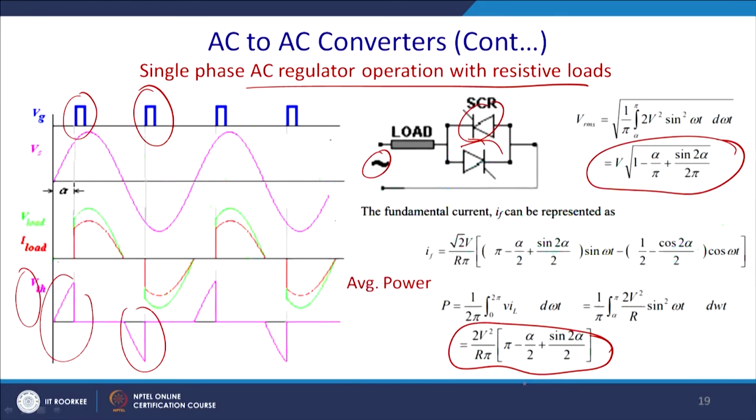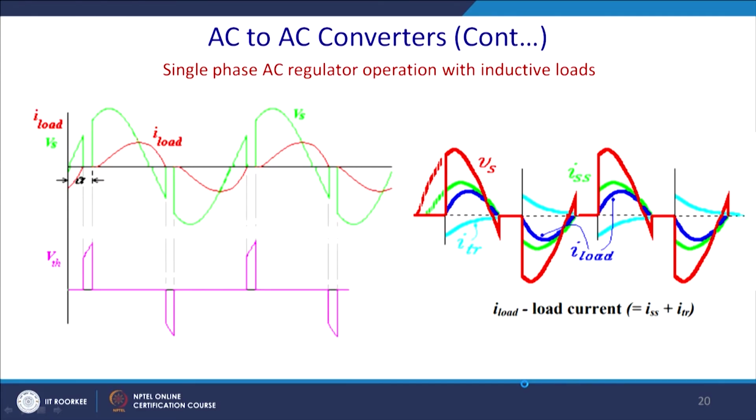Now, if it is an inductive load, then essentially what will happen is the current will lag. So, this is the kind of thing, and here at this instant the current becomes 0. So, as long as current is conducting through any of the thyristors, you will get a voltage across the load.